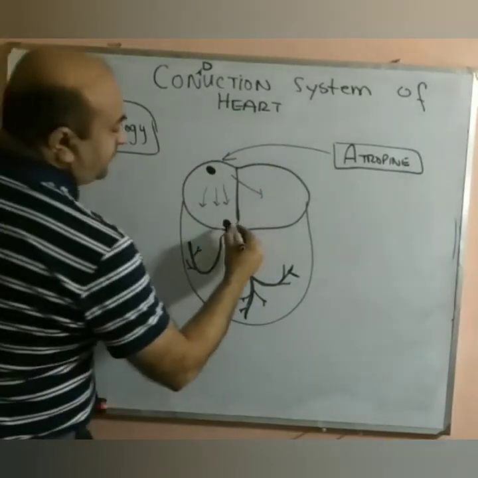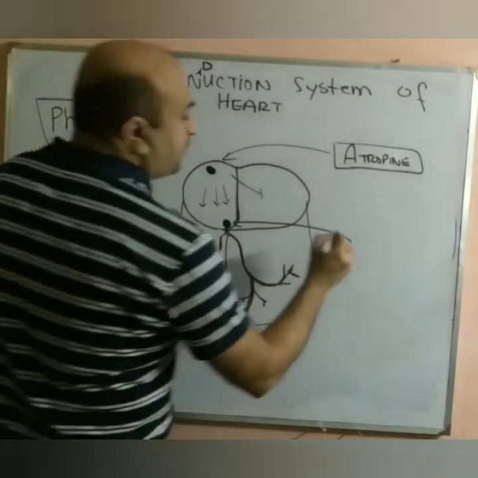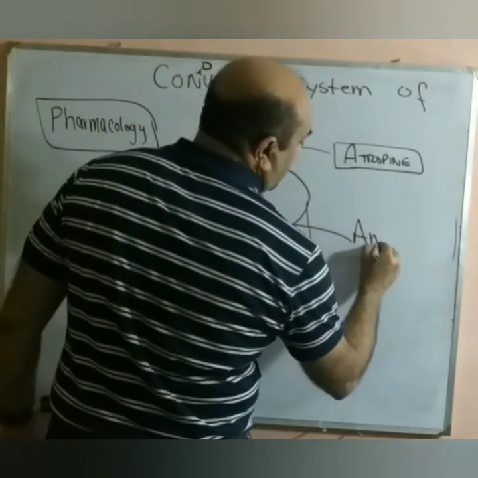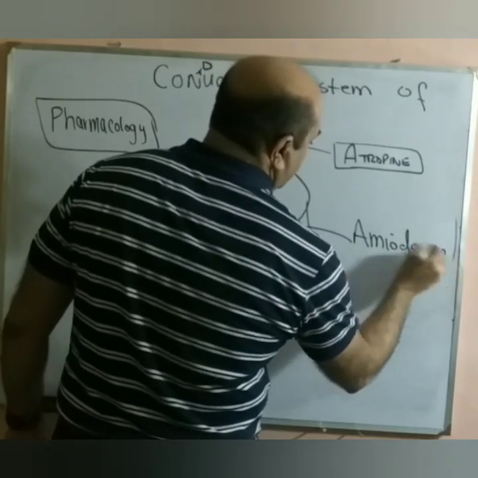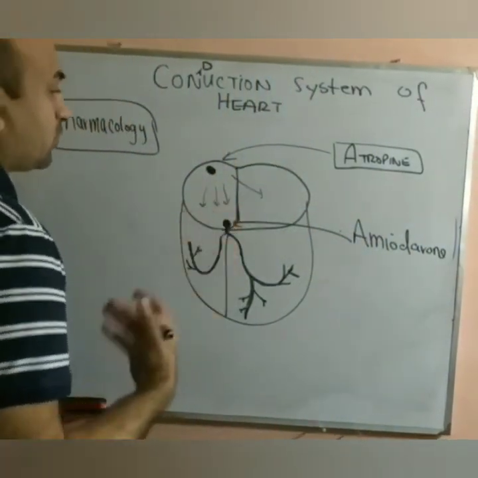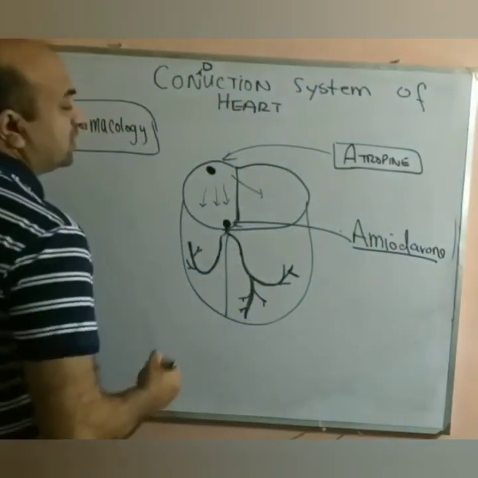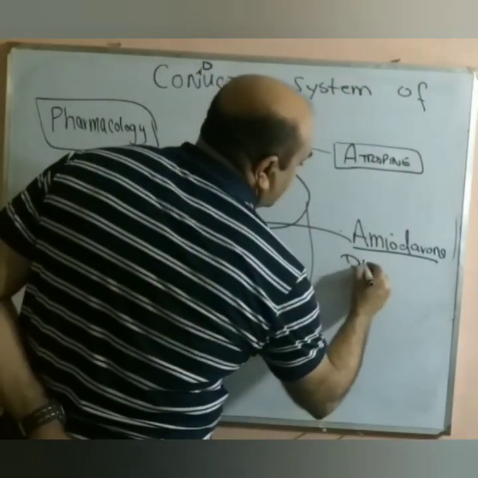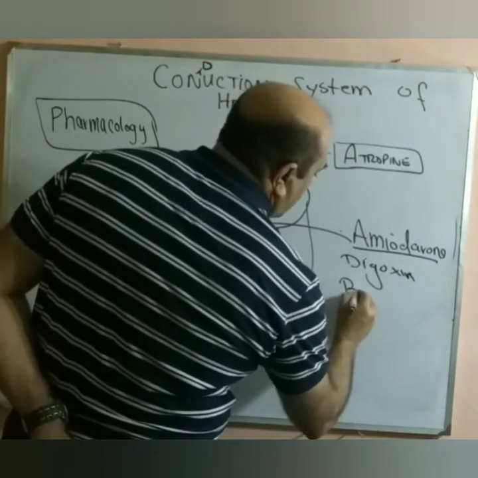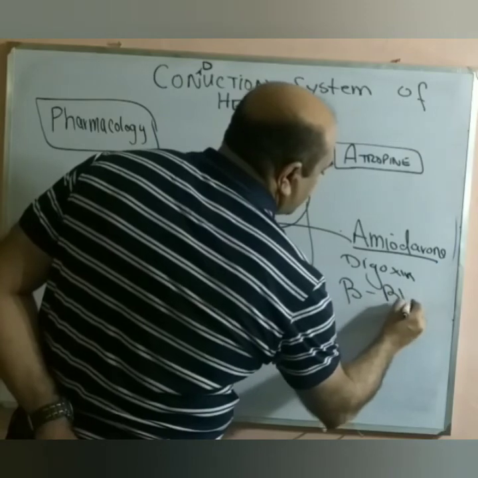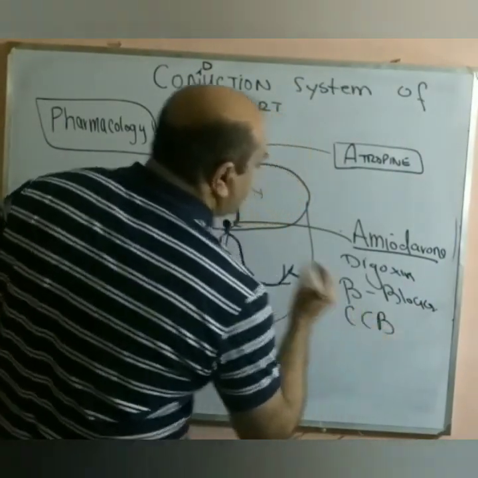Now, there are very famous drugs which actually act on the AV node. For example, we have amiodarone, however you can pronounce it, how you pronounce it is up to you. Then digoxin, then beta blockers, then calcium channel blockers.